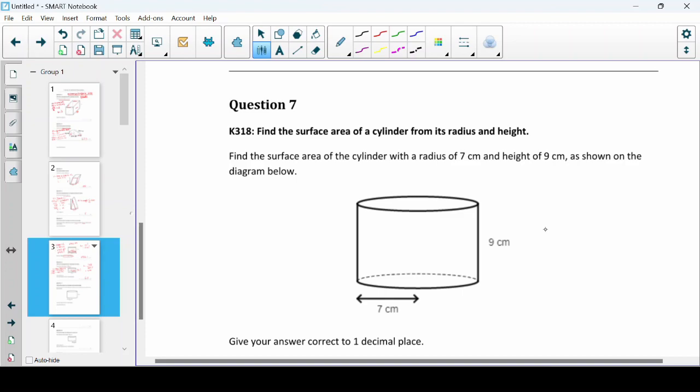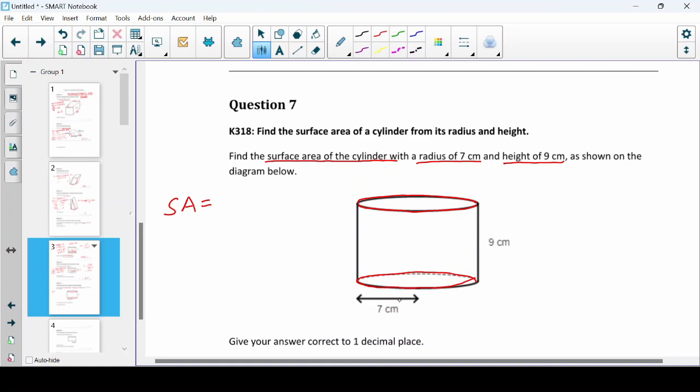So for surface area of the cylinder, we have to find the surface area of this base, which is a circle, and this top, which is a circle. So these both circles are the same, so we have to find the area of these two. And then we have to find the curved area.